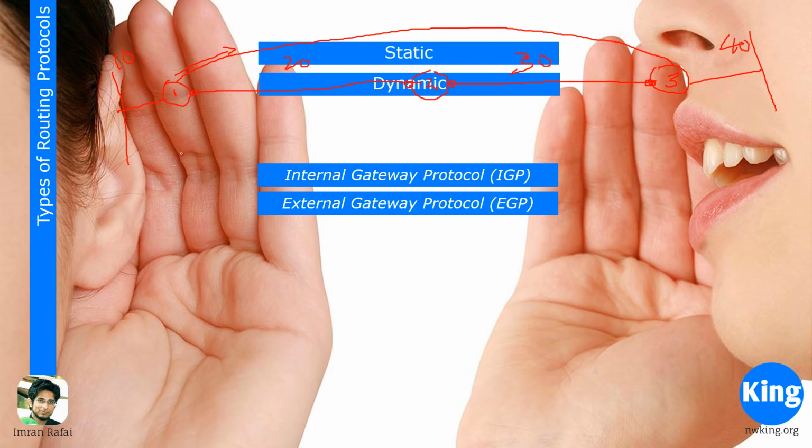If you're talking about communication between these routers, we use IGP. If you're talking about routers that are part of the internet, like ISPs, like your ISP, if they have to configure a routing protocol to communicate on the internet, they use EGP, right? So that's the difference between IGP and EGP.